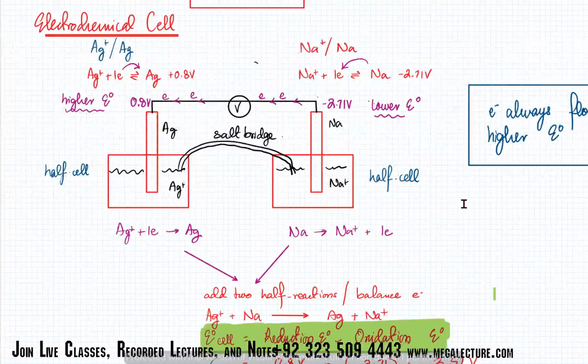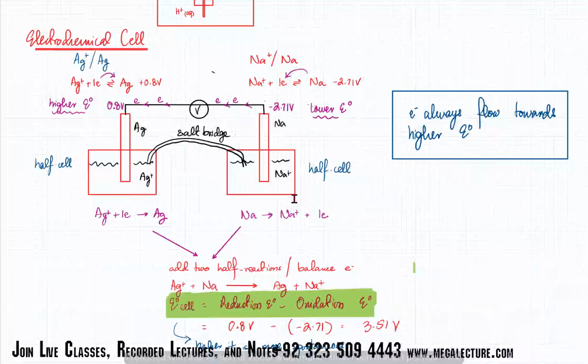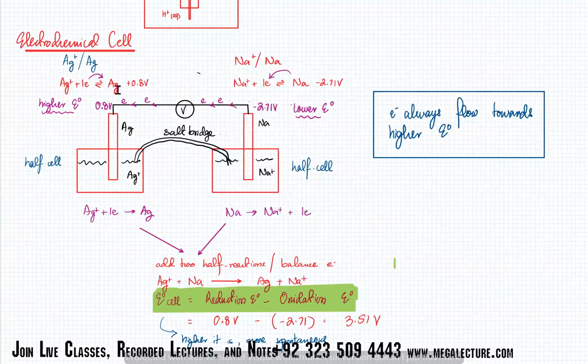Then we did that you can connect two electrodes together. When you connect two electrodes together, then you have a redox reaction. What happens when you connect two electrodes together? There's going to be one electrode which has a higher potential, and another electrode which has a lower potential. Ignore the signs, just higher and lower.